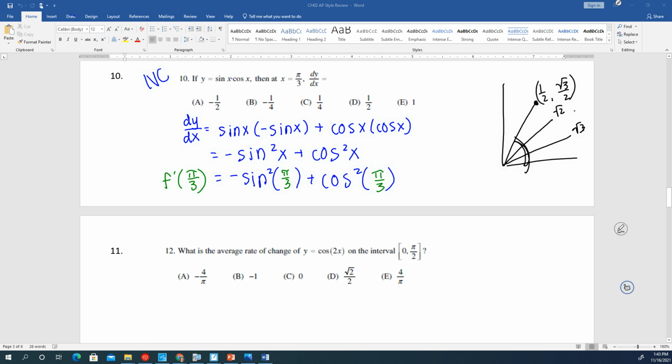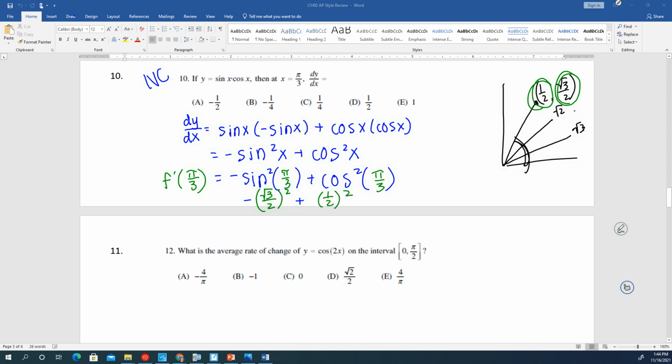So the sine of pi over 3 is my y-coordinate, square root of 3 over 2. So I'm going to have to square that. And it's negative sine squared, so it would look like that. Plus cosine squared of pi over 3. Well, cosine is 1/2.